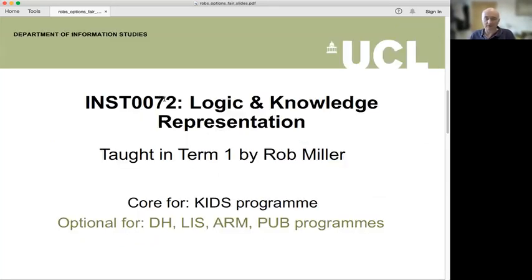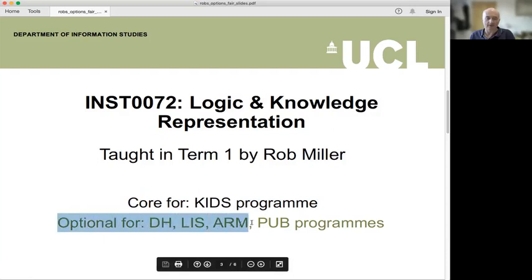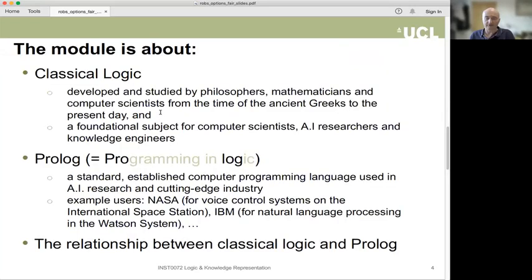The second module that I'm teaching in term 1 is INST 0072, Logic and Knowledge Representation. And again, that's core for the KIDS program and optional for the other postgraduate programs in the department. Now, INST 0072 is, again, about 2 things, really. Classical logic.